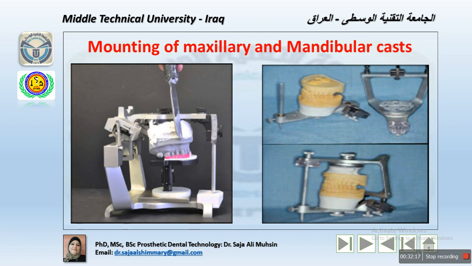The mandibular cast is mounted after recording the tentative vertical and centric jaw relation. The articulator with the mounted maxillary cast is inverted upside down to aid in mounting the mandibular cast. Okay, as we notice in the image on the right side, the maxillary occlusal rim is placed on the maxillary cast.